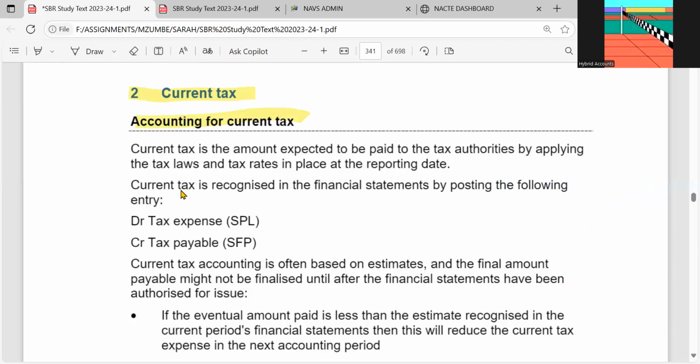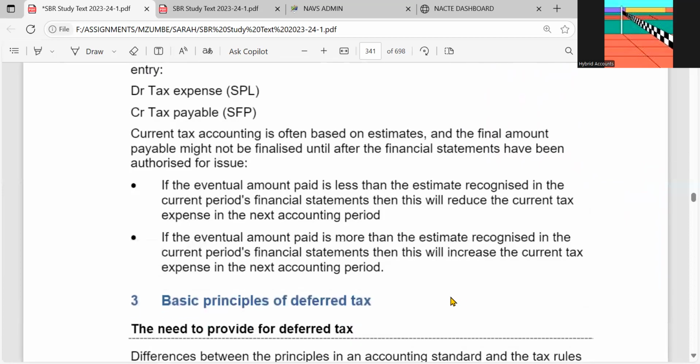So here we have the current tax, as you see, I've shown you, and let's go down. The current tax accounting is often based on estimates. As I told you, it's provisional, right? On estimates. And the final amount payable might not be finalized until after the financial statements have been authorized for issue, yes.